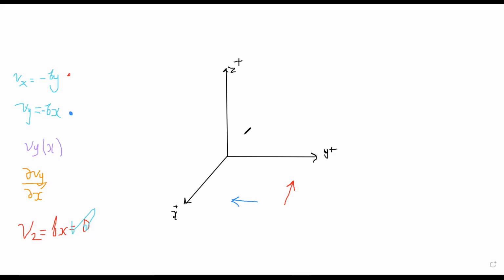And then now if we were to actually consider this one, orange. So for positive values of x, this will be positive, right? So this is velocity in the z direction for positive values of x. This will be in the positive z direction.